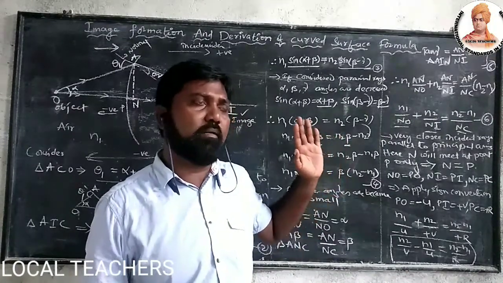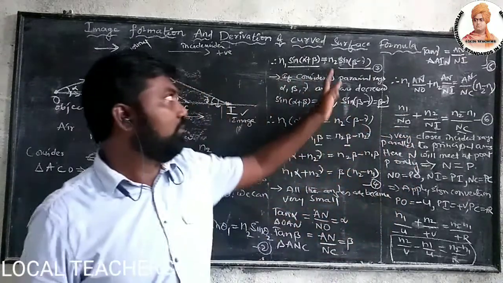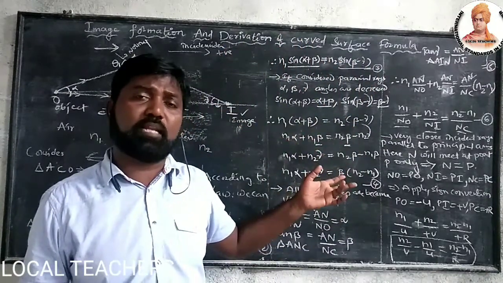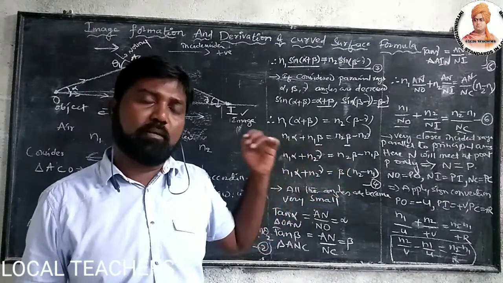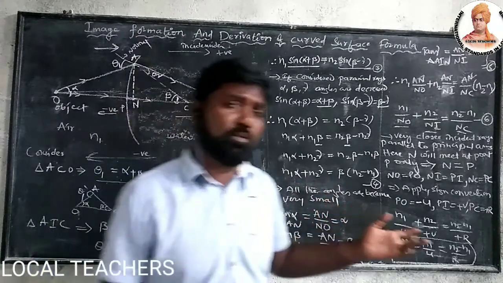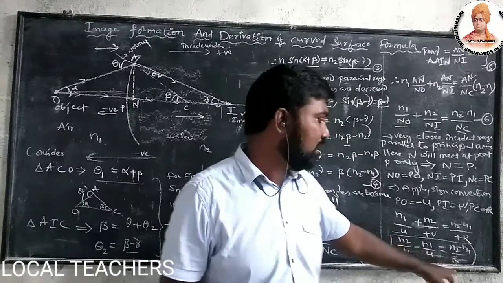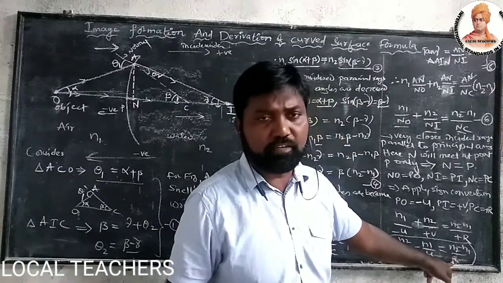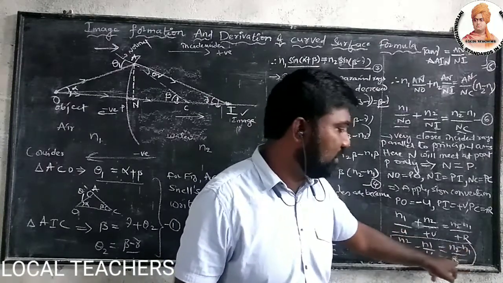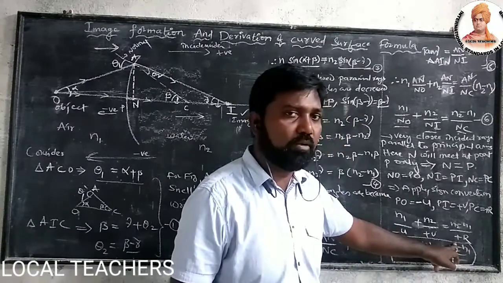This is the curved surface formula. Can this be applied to plane surfaces too? The difference is that if we consider this equation for plane surfaces, R becomes infinity, so N2 minus N1 by R, the right-hand side, becomes 0.